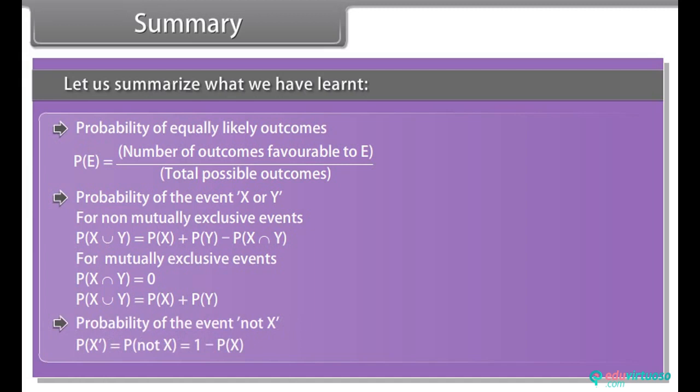Probability of the event not X. PX dash is equal to P of not X is equal to 1 minus PX.